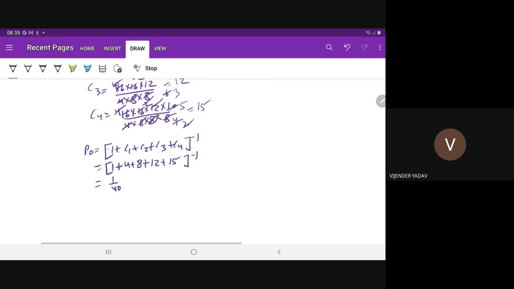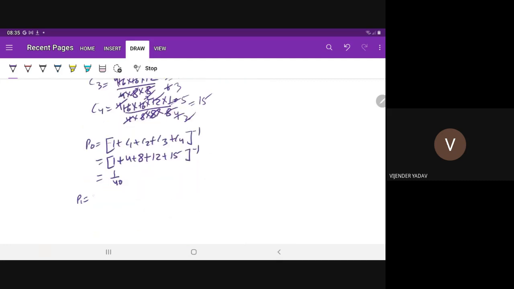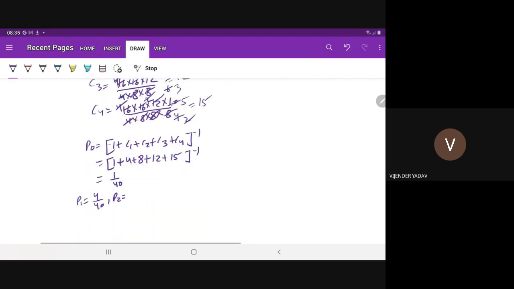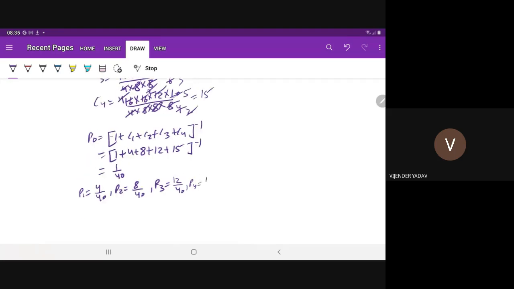So when we have 1 upon 40, from here P1 will come 4 upon 40, P2 will come 8 upon 40, P3 will come 12 upon 40, and P4 will come 15 upon 40, and P naught is 1 upon 40.